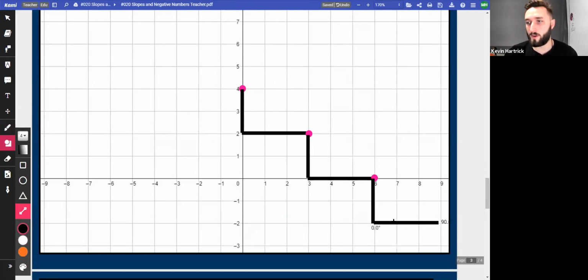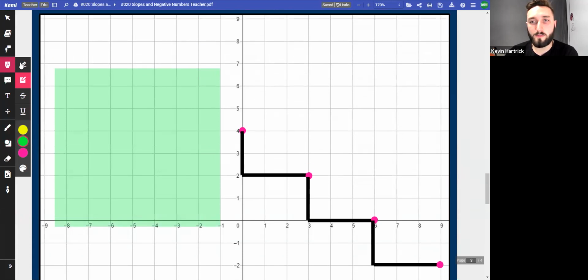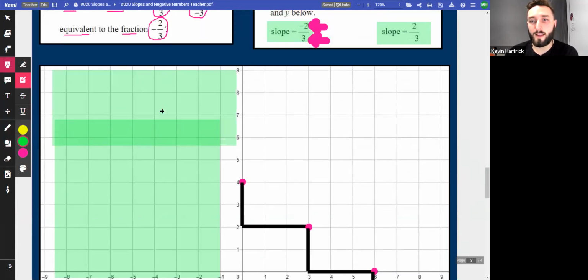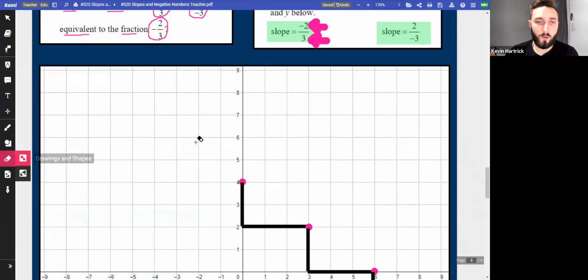Find all the points you can, just like I said in the last video. It's important to find all the points you can. All right, now, there's a lot of space over here to my left. Would you agree? There's probably some points from this line in this space here. So how do I find those points? Well, there's a couple ways.